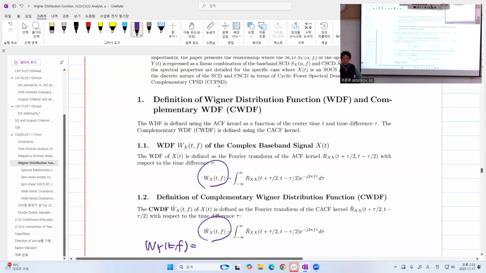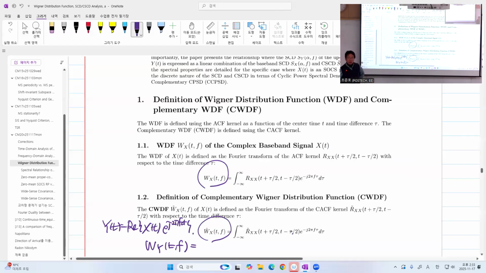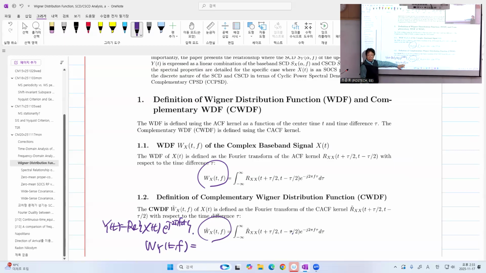Got it? So you have a clear idea. Y of t is the real part of X of t up-converted. By the way, let me ask you a question. Why do I just ask about the Wigner distribution function of Y, not the complementary Wigner distribution? Because Y is real valued, they are the same.